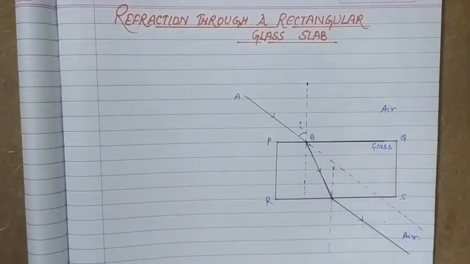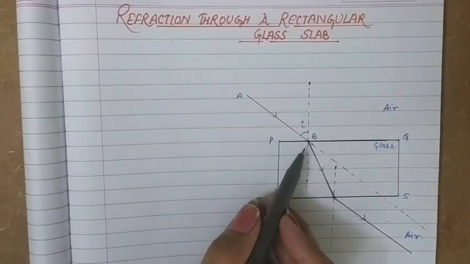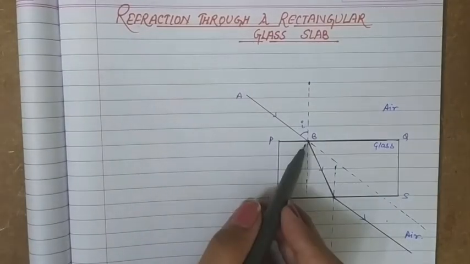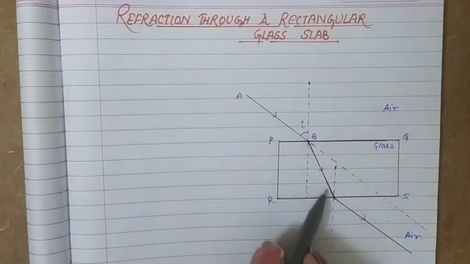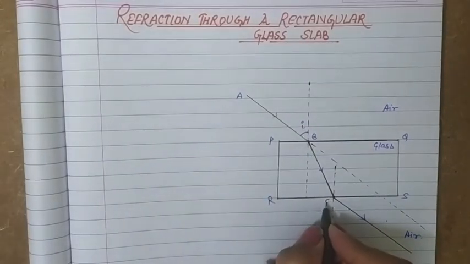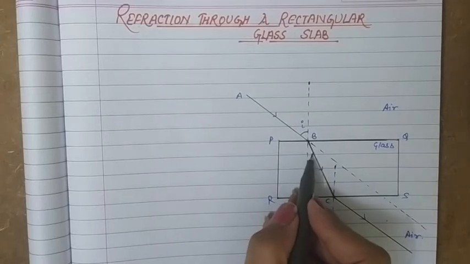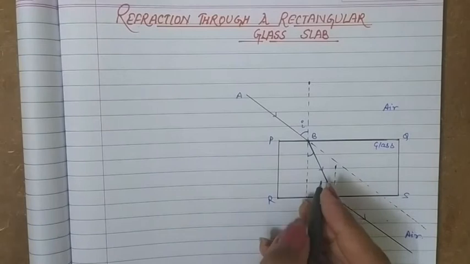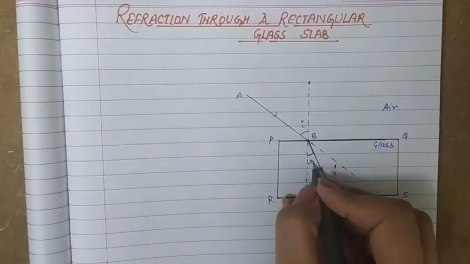This ray gets refracted and moves along the path BC. The angle made by the refracted ray with the normal is called the angle of refraction.